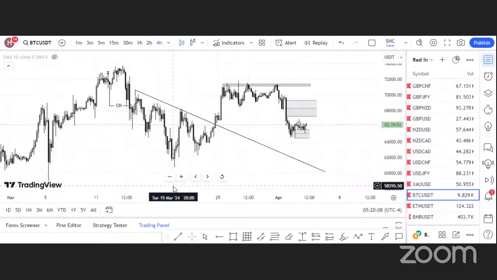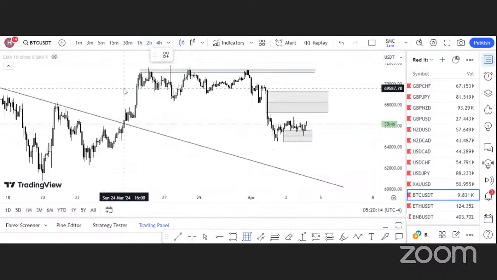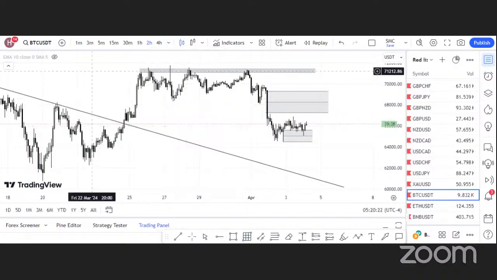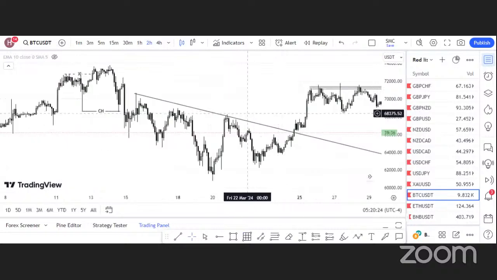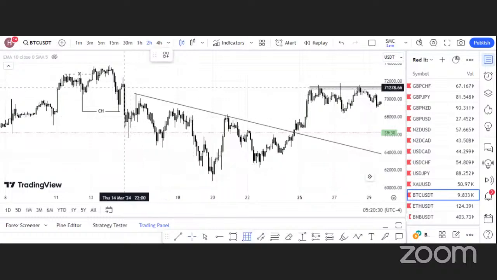Okay. So then the market came back up to this area to make a retest, right? See, the market came back to this zone.